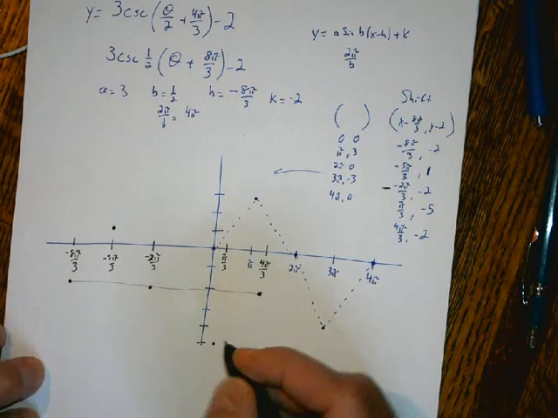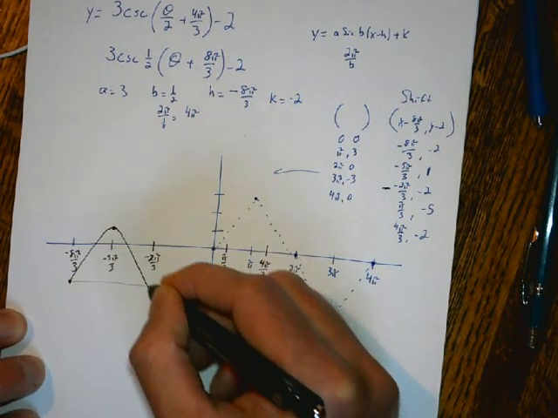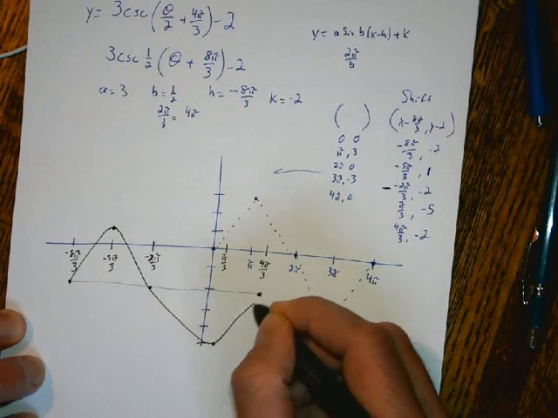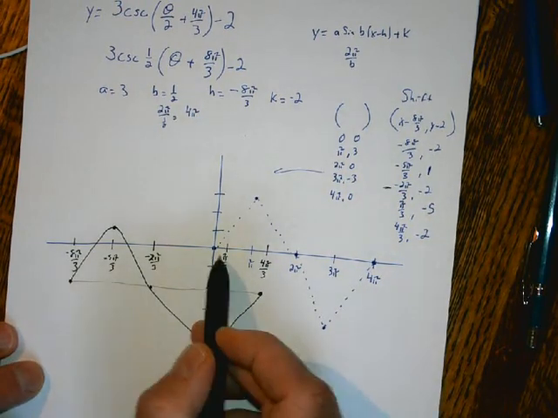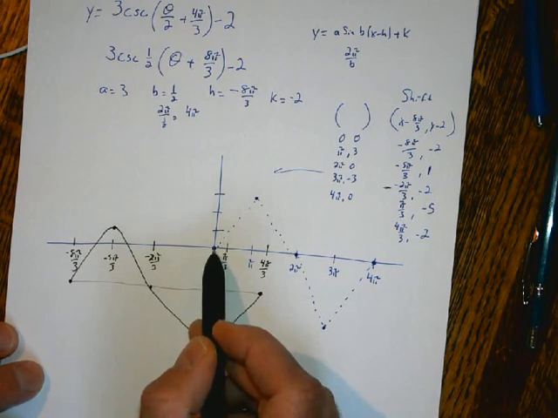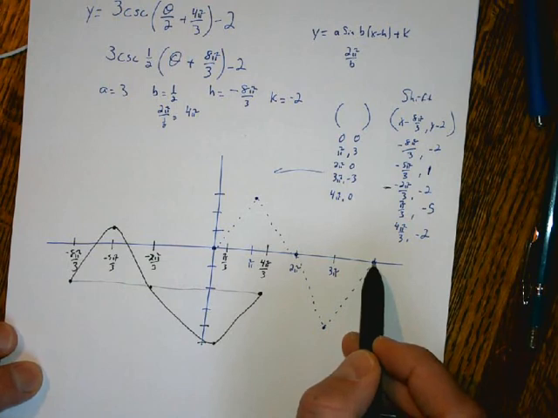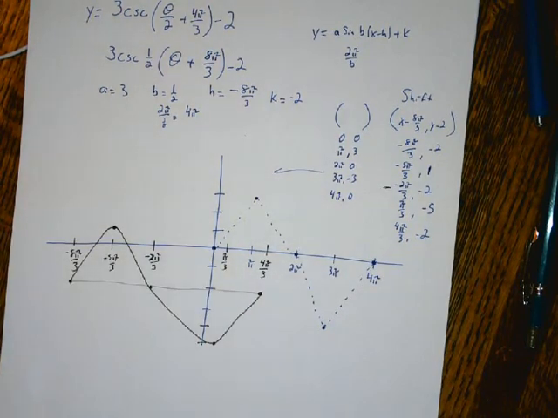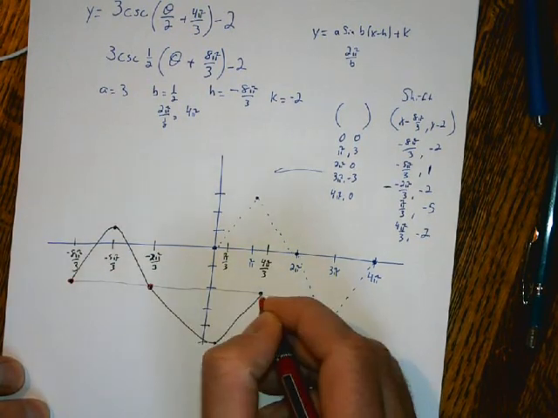Now this is my kind of badly drawn sine graph. Okay. Now remember, if you go back to the original, this was 0, 0, and 0. Same idea is happening here. We have, this is a 0, this is a 0, and this is a 0.